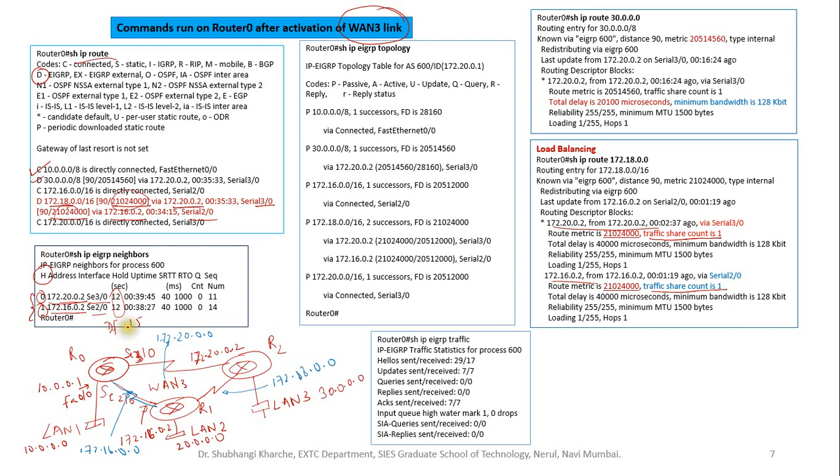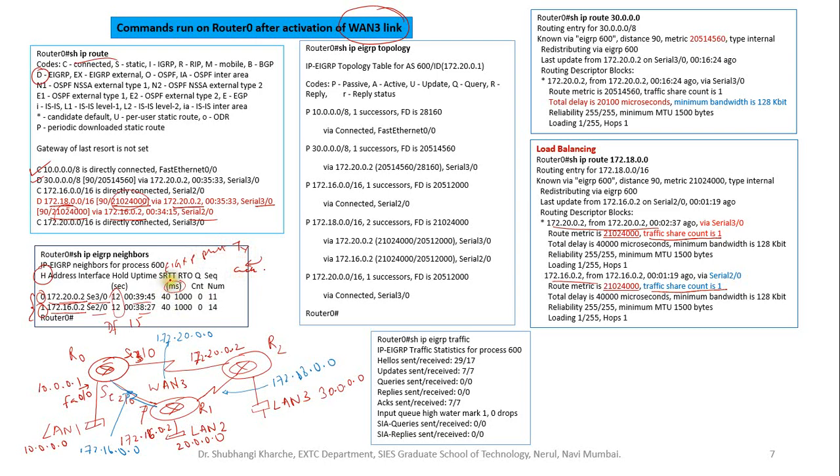Then uptime indicates how long the neighbor has been up. SRTT is the smooth round trip time, which is the time in milliseconds required to transmit the EIGRP packet and receive the acknowledgement.